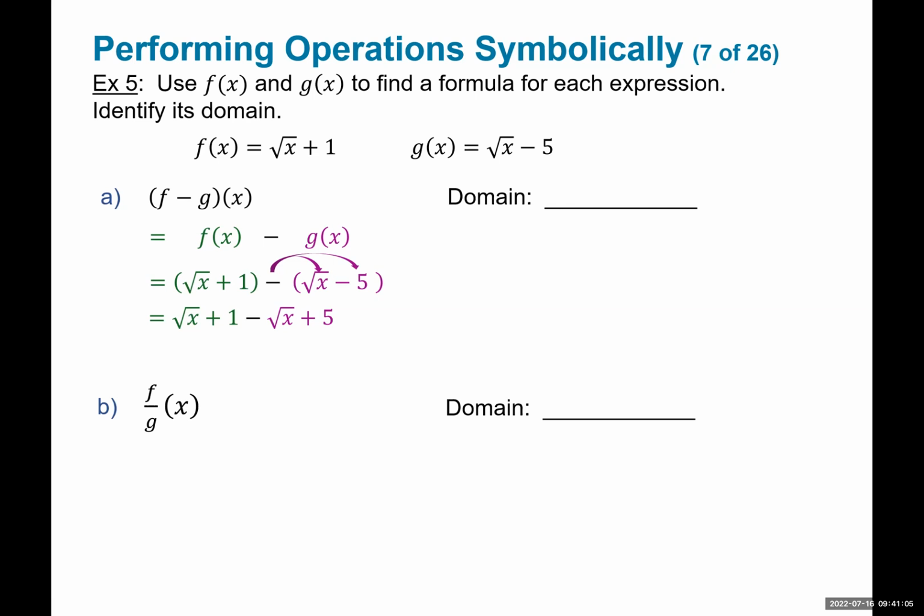So we got the square root of x plus 1 minus the square root of x plus 5. We're going to combine like terms here. Square root of x minus square root of x makes 0 x's, and 1 plus 5 makes 6. So my resultant is 6. The square root of x canceled out because you had one and you took one away.